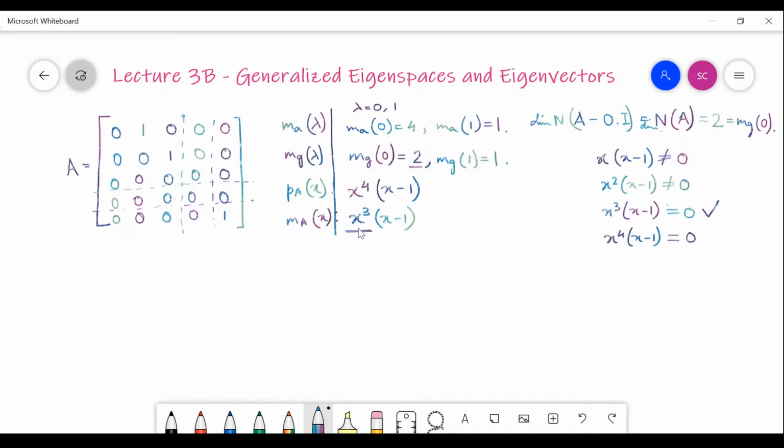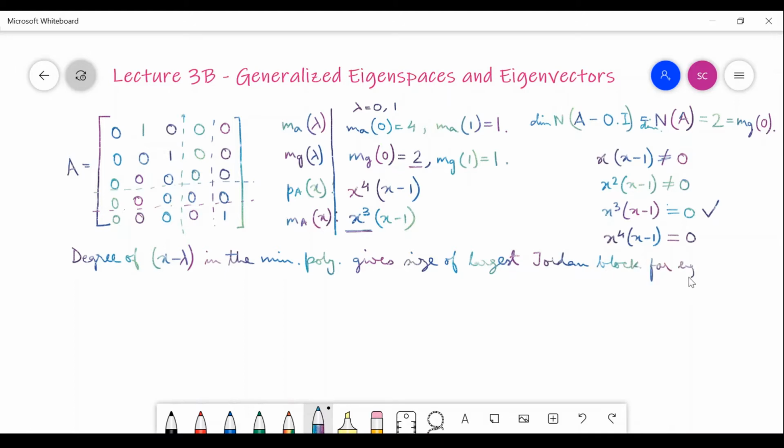So the general thing is that the degree of x minus lambda in the minimal polynomial gives the size of the largest Jordan block for eigenvalue lambda.